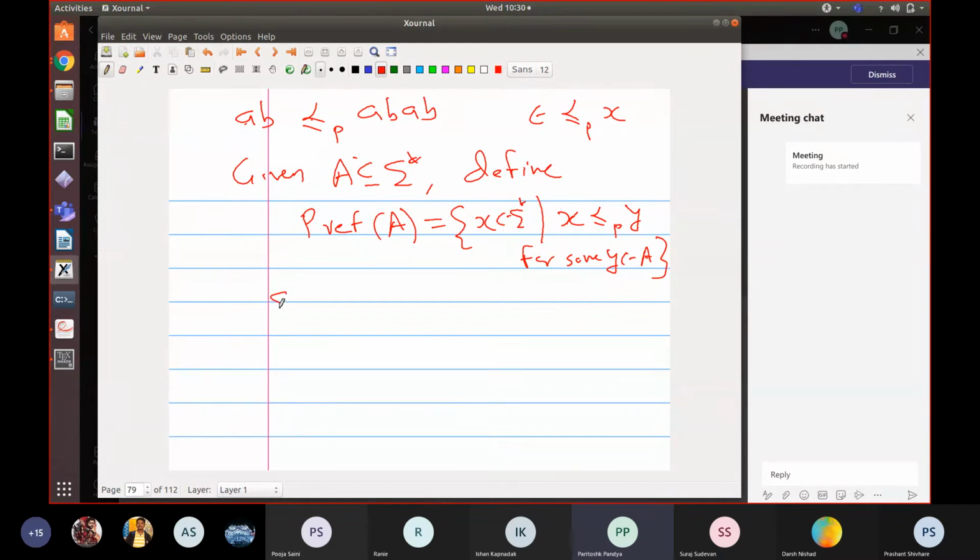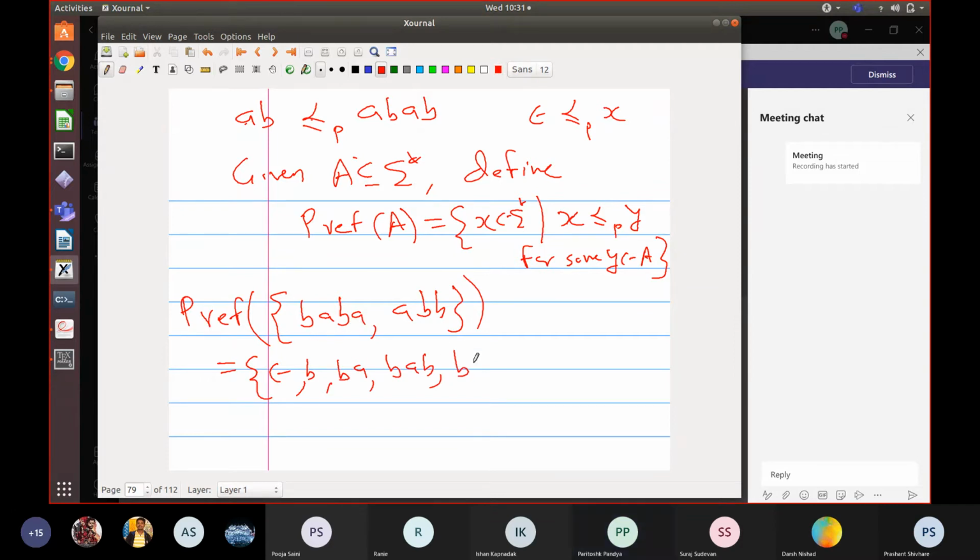So let's try to do BAB and ABB. What will be the prefixes of this? Anybody can start telling me what are the kind of words which will be there. Of course, epsilon will be there. Now we start taking increasingly the prefixes of this. So B will be there, BA will be there, BAB will be there, and the word is also a prefix of itself. We will define prefix like this.